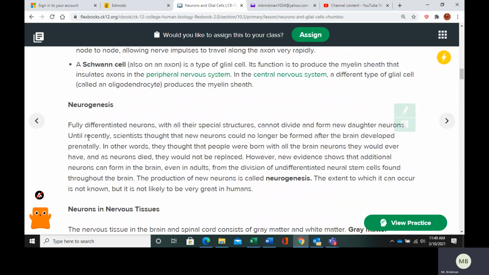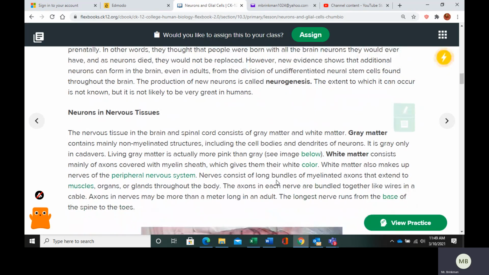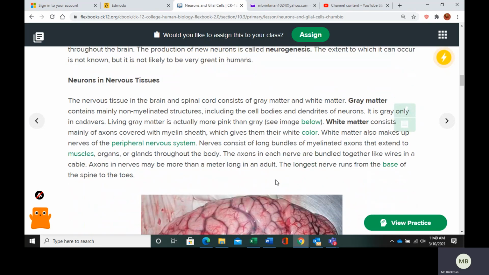Okay, neurogenesis. This is basically the production of new neurons. All right. Neurons in the nervous tissues. The nervous tissue in the brain and spinal cord consists of gray matter and white matter.